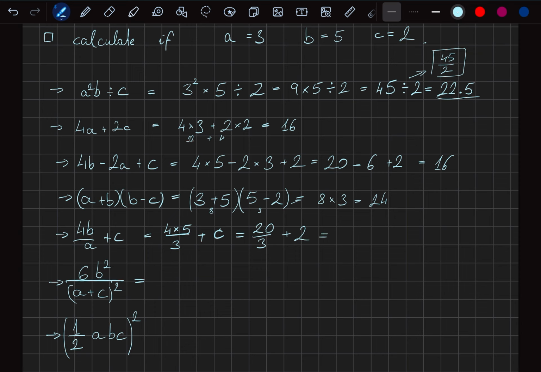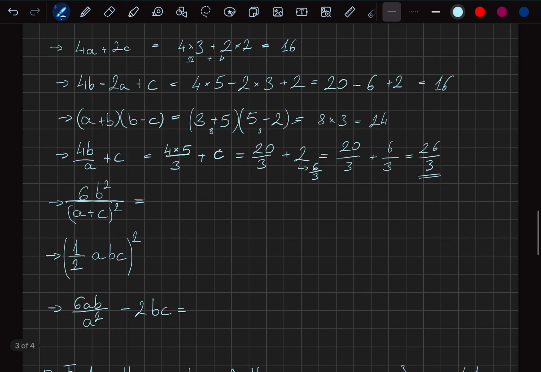So the 2 is equal with 6 over 3, because 6 divided by 3 is 2. So I can add these two fractions. It's 26 over 3. Here is the solution. Next one.